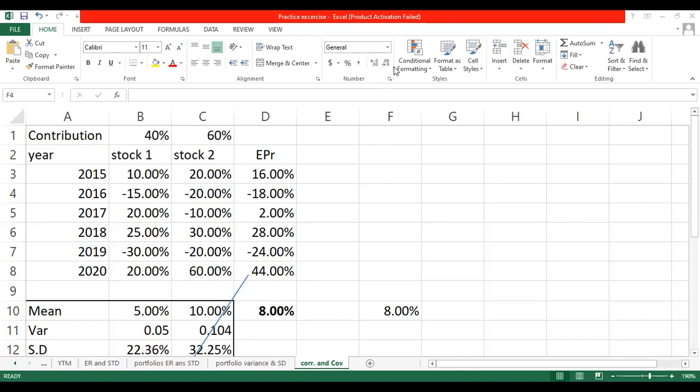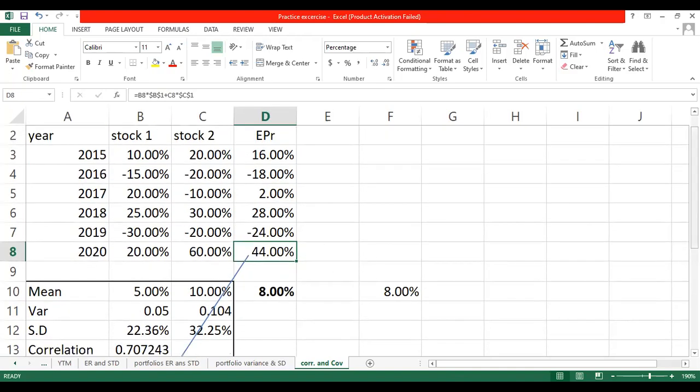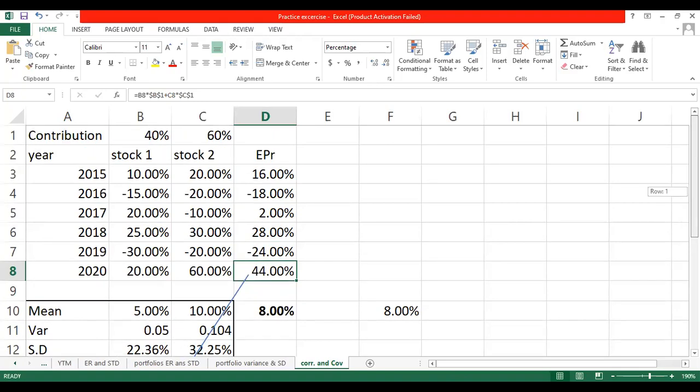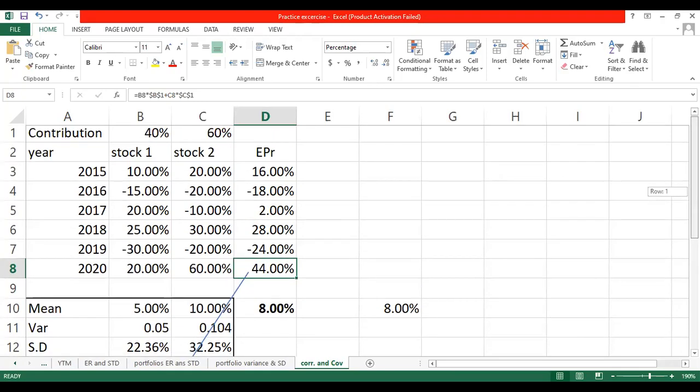Okay, now these are the expected returns of the portfolio for the year 2015, for 16, for 17 and 18, and so forth. Now, how can we calculate the expected return of a portfolio while considering all the years?